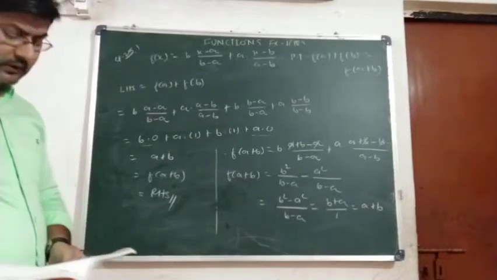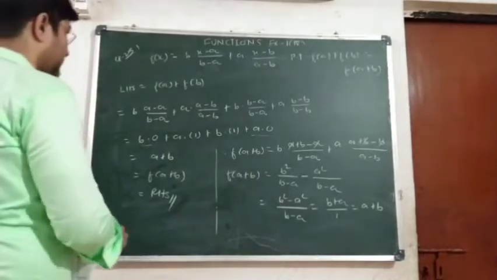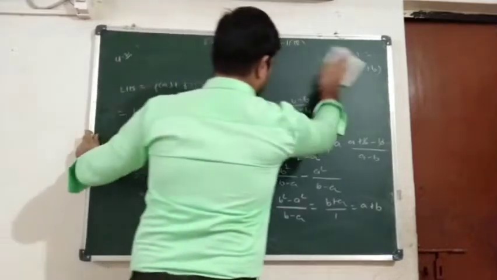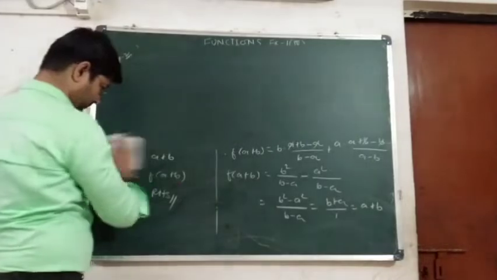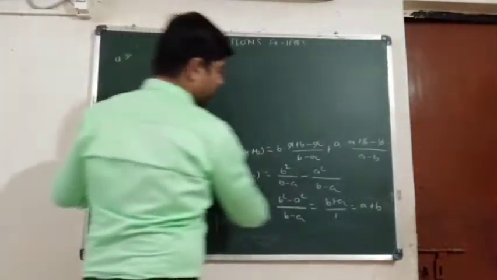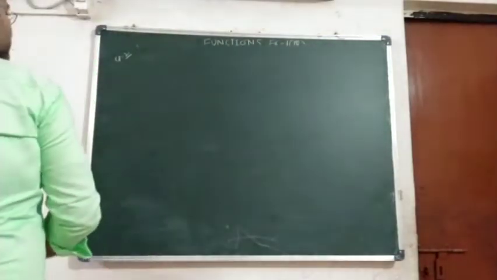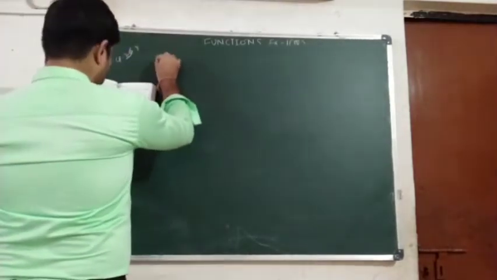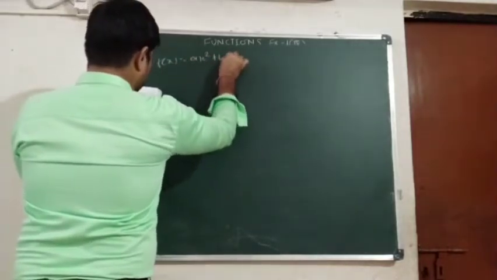Okay, now let us solve question number 26. Question number 26. We are given f of x equal to ax square plus bx plus c.